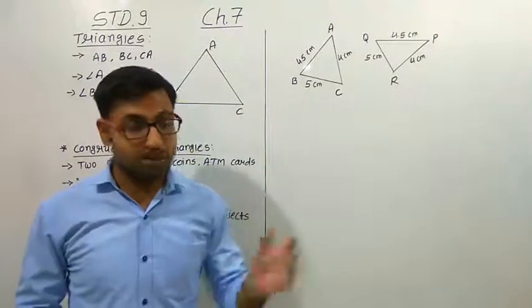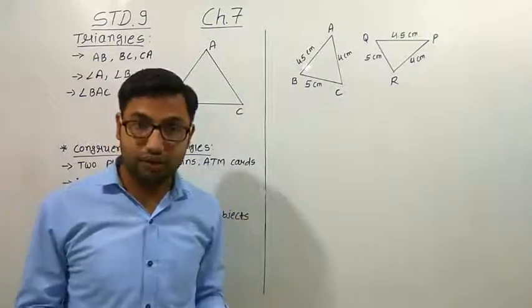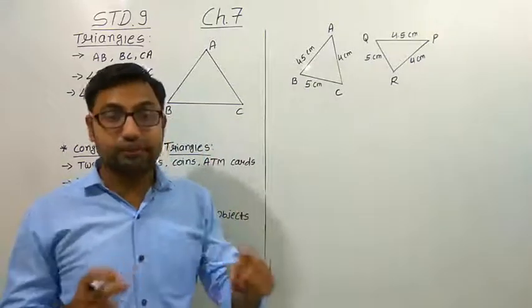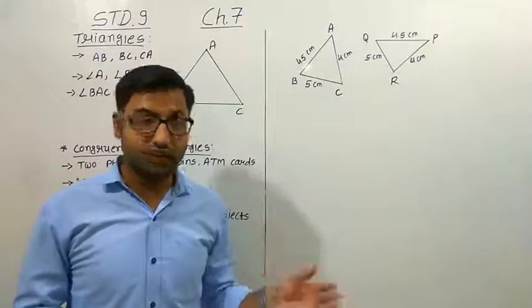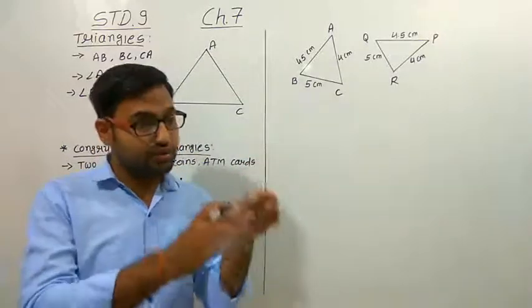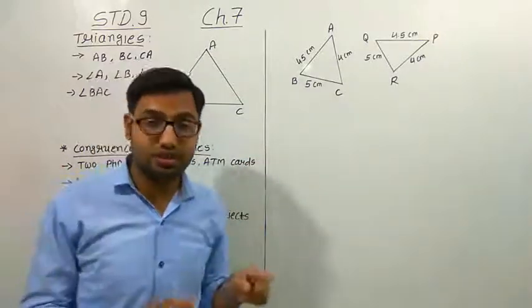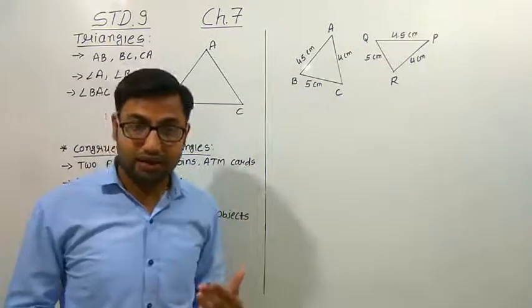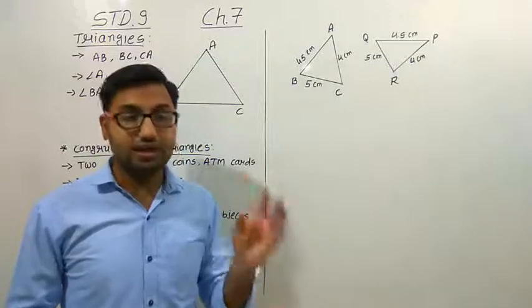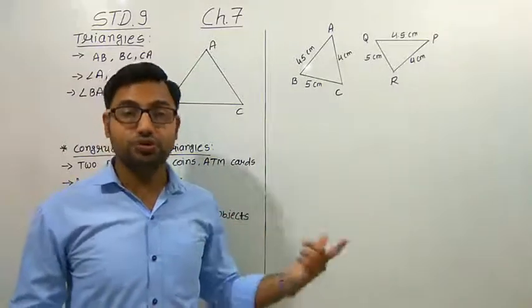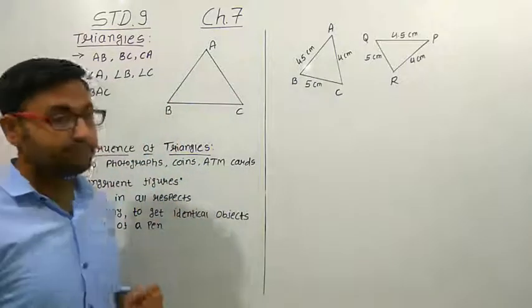All the ice cubes we get from the ice tray are equal. Their depth is also equal, their length is also equal, and their breadth is also equal. If the front shape is a pentagon, then all the cubes are pentagons. So you get the same type of ice cubes. So this is a concept where we use congruence.